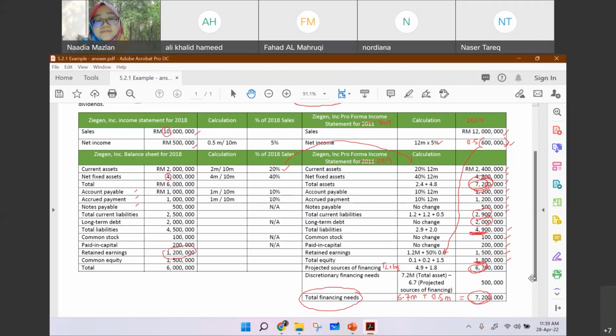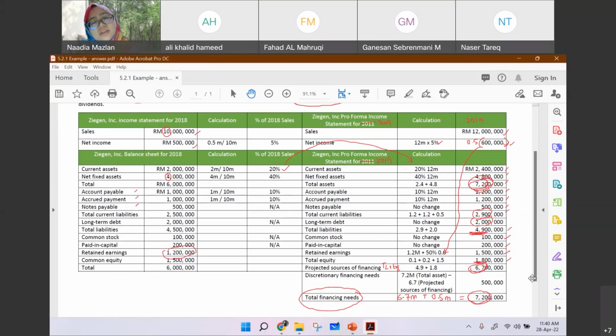Yes, Ganesan. For this calculation, what I did for total financing need is I simply took the discretionary financing need, 500,000, and just minus the net income. So does net income play any part in this financing need? You already found the 600,000 net income, or not?